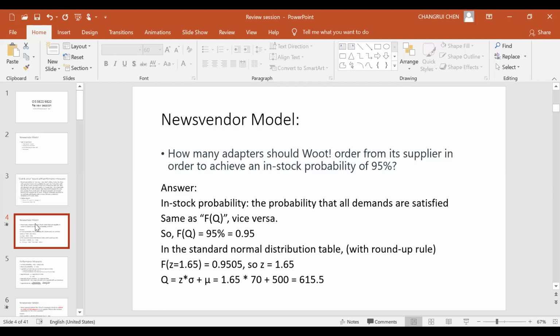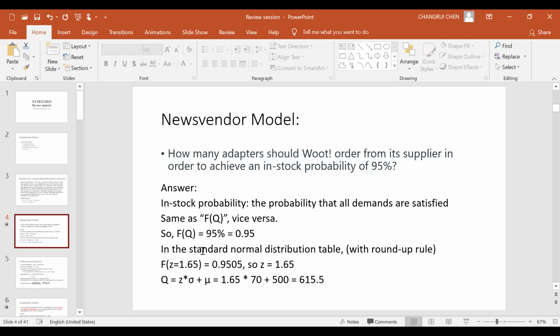So this question is telling you how many adapters to order from a supplier in order to achieve a critical ratio equal to 95%. Once you have the critical ratio, or F of Q, equal to 95%, you go back to the standard normal distribution table with the round-up rule.